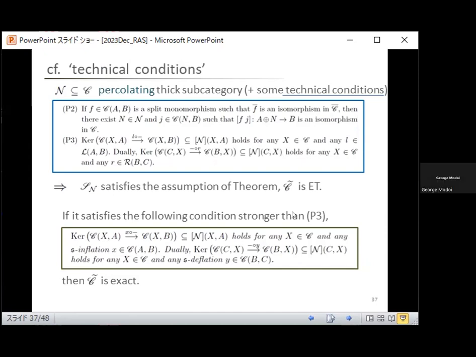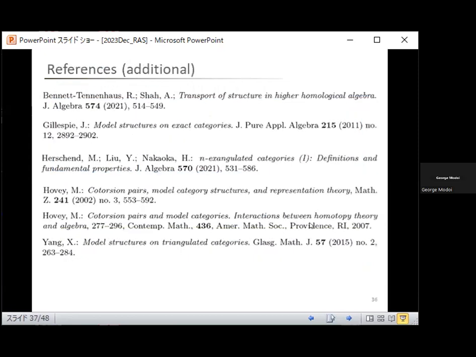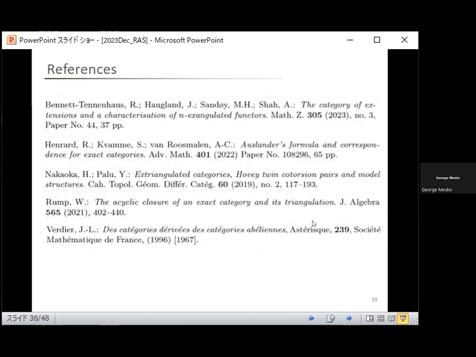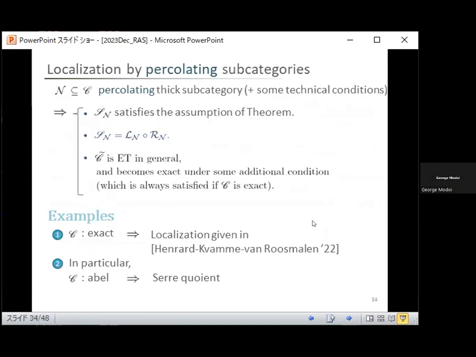Hi, thank you for the nice talk. I'm a little bit confused about the first step of the localization. You have to go to the ideal quotient, and maybe you can give us an example in the case of triangulated categories. What is going on with this ideal, with the first step?